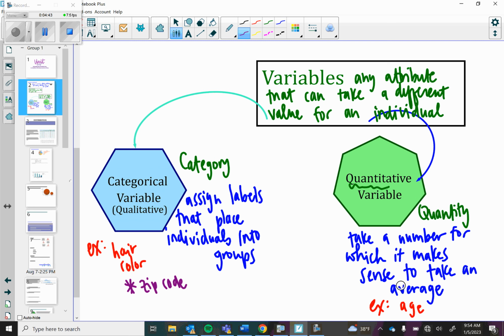We're looking at 53213. And that places you in a location. That's Wauwatosa. That gives us a place, a category. Another example would be if we consider our grade, freshman, sophomore, junior, senior, but as a number, right? If you're an 11th grader, you are a junior, you are placed in a group.